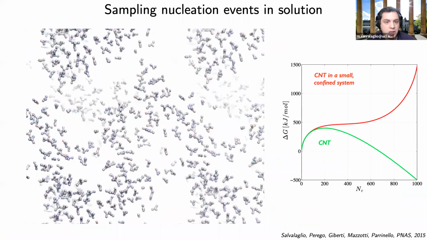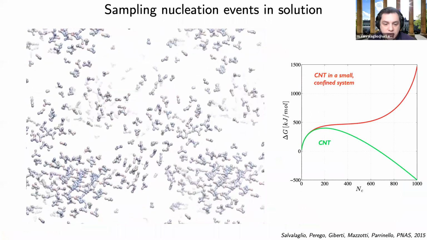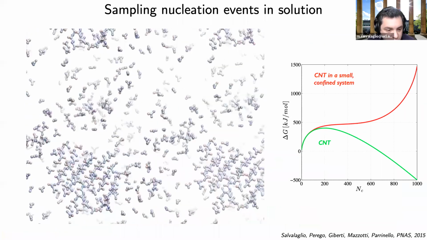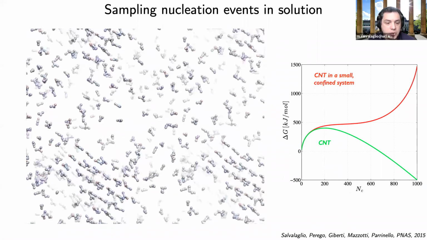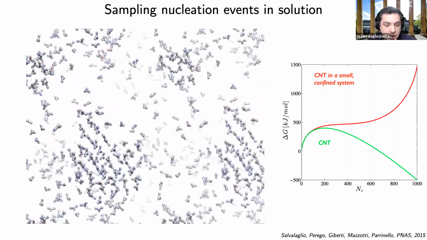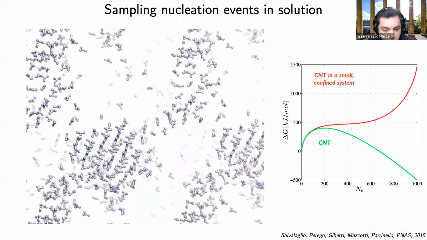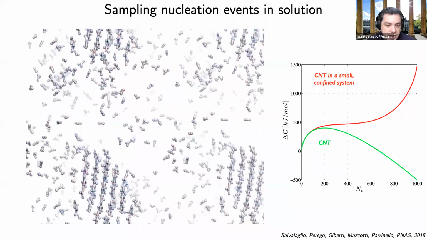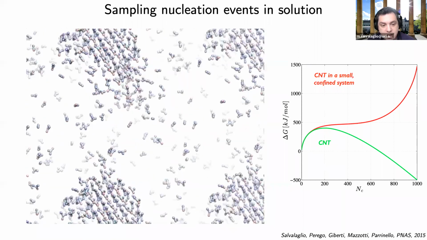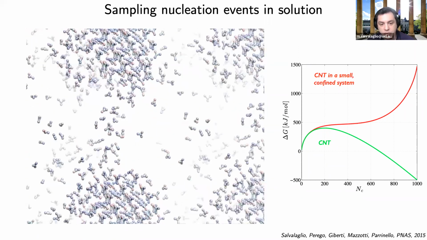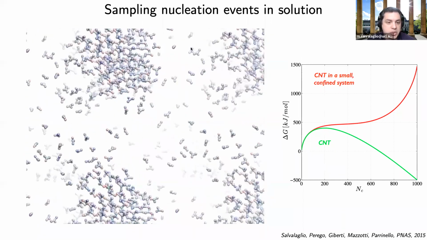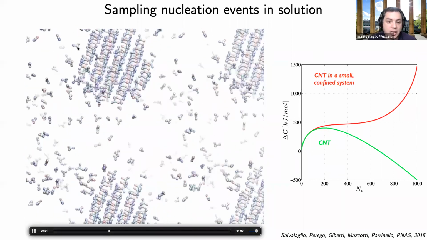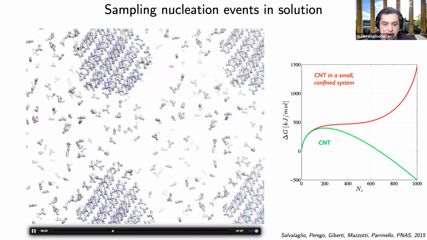So typically, when we are interested in sampling nucleation events, what we are interested in observing is something like the trajectory that I'm showing in this movie. We're interested in observing the formation of a new phase from a parent phase, and the new phase has a composition and a structure that is distinct and different from the parent phase. So in this case, you're observing the formation of a crystal that emerges from a supersaturated solution.